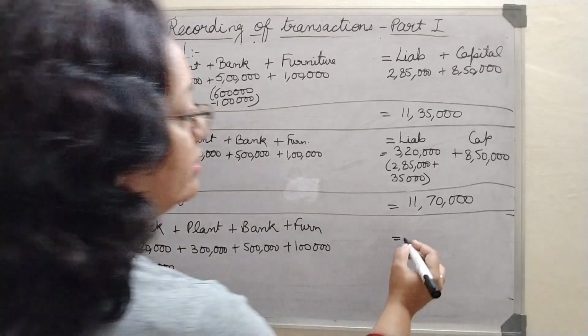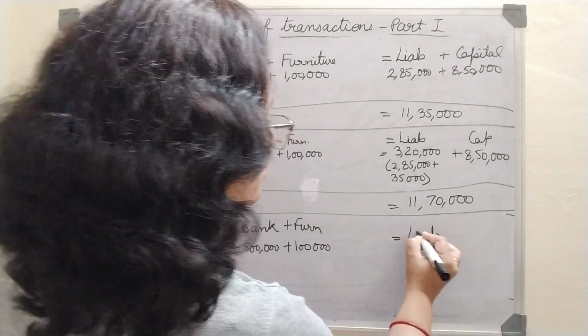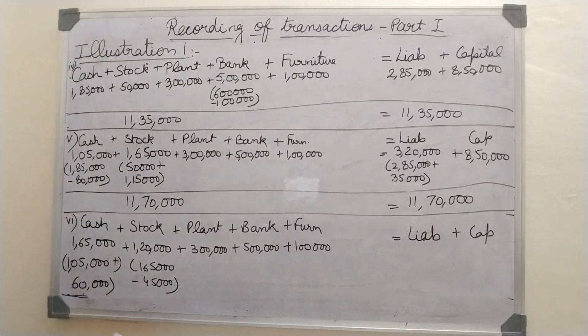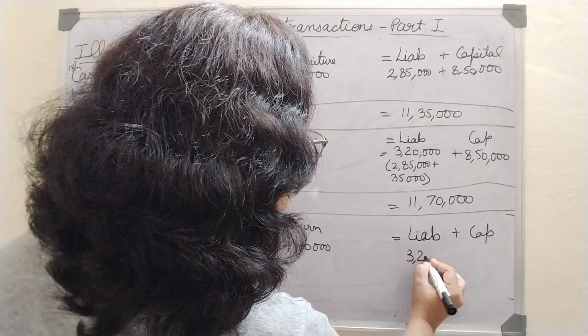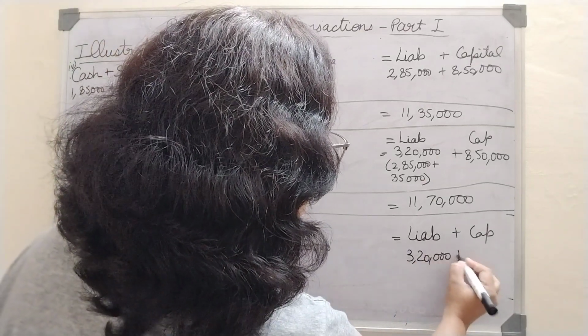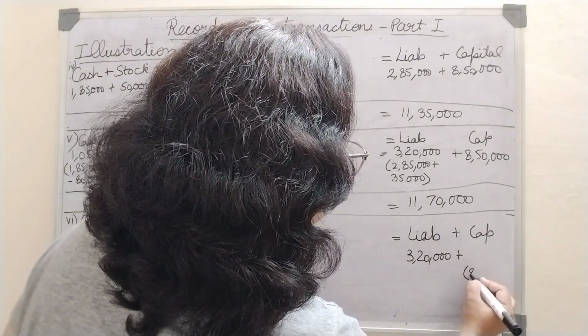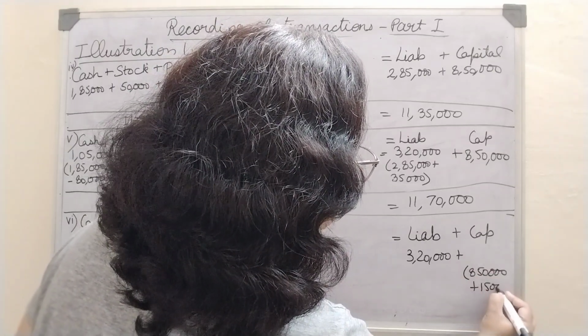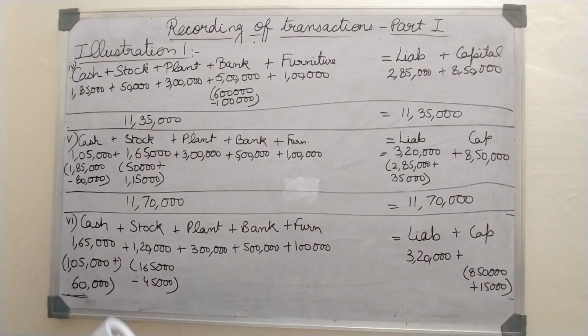Now liability also remains the same because we have no liability to pay at a later date. Liability amount was 3,20,000, and in capital we will be adding the profit to 8,50,000. And how much was the profit? 15,000. I hope it is clear to everyone.